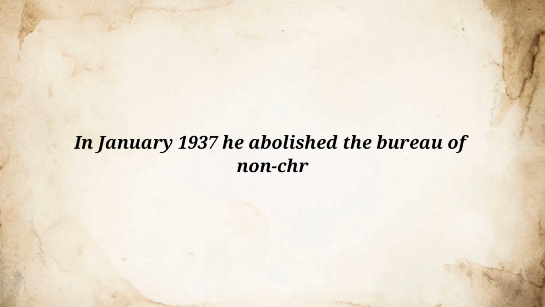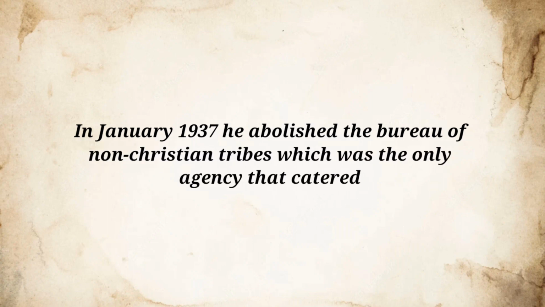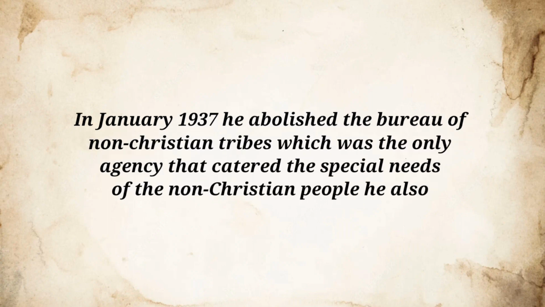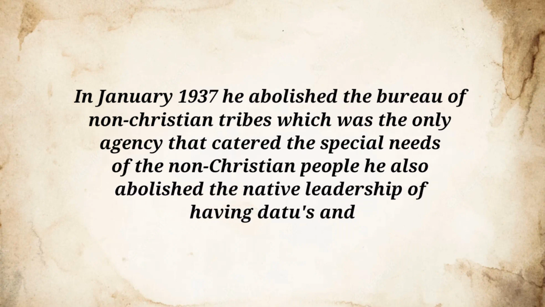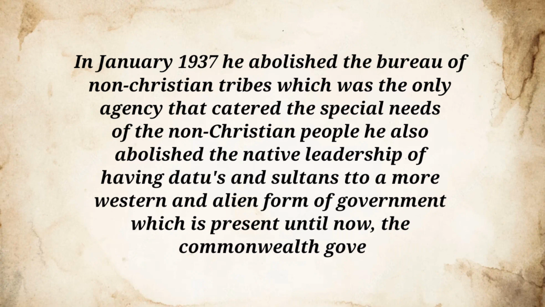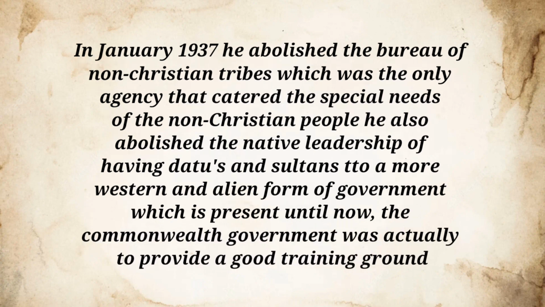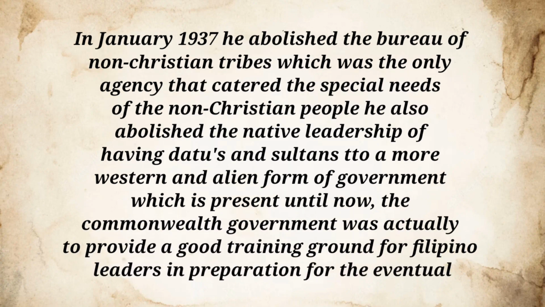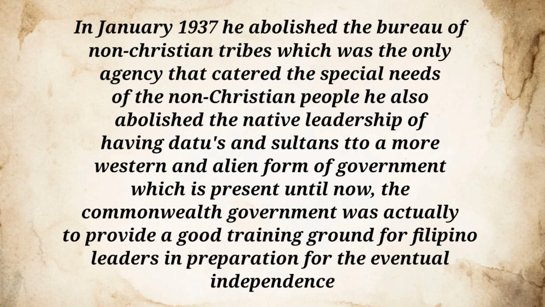For instance, in January 1937, he abolished the Bureau of Non-Christian Tribes, which was the only agency that catered to the special needs of the non-Christian people. He also abolished the native leadership of datus and sultans in favor of a more Western and allied form of government, which is present until now.